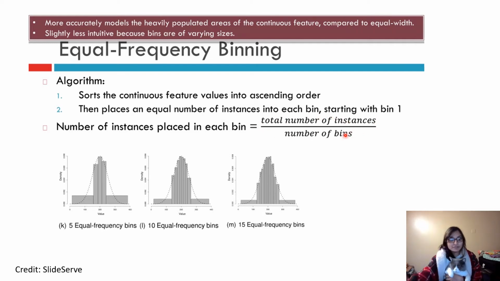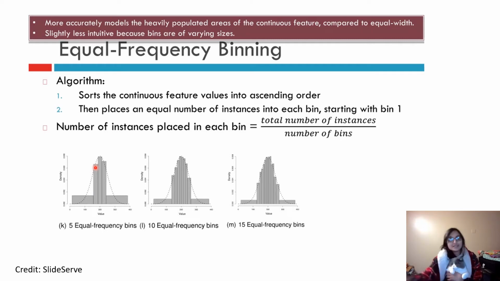For instance, if you want 5 bins, in a normal distribution most of the data is centered in the middle, within 1 or 2 standard deviations of the mean.